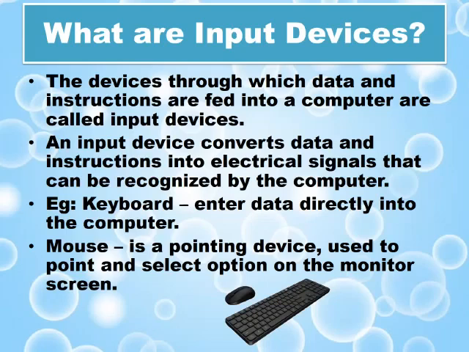So the keyboard and the mouse are called input devices through which I give data. What does data mean? If I want to add two numbers, I type 30 plus 40. I have to use my keyboard to give this data into the computer. That is feeding data into the computer, and the object used for this is called an input device.